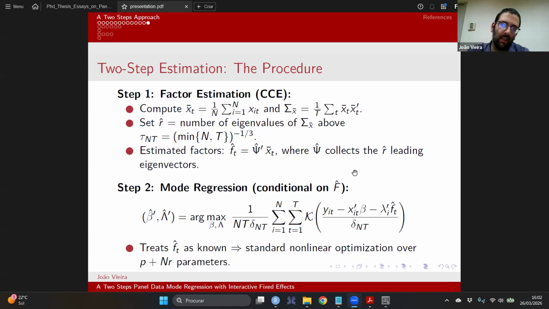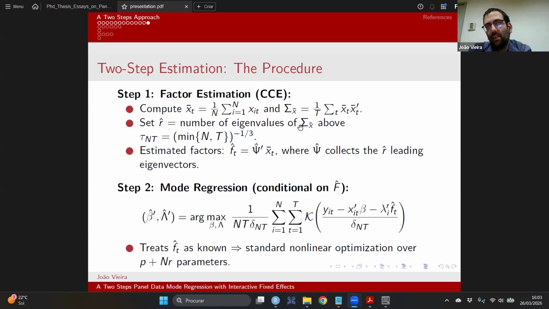So before going to the next slide, the easier way that we propose is the way from Shen. Basically, we average out over the units, and then we select the eigenvalues from these matrices that are higher than this value. Shen also did some simulations and proposed using this one, so we follow in the same footsteps. There are other ones that you could use. I saw that you could use two from Bai, from 2023, because they would satisfy the necessary conditions.